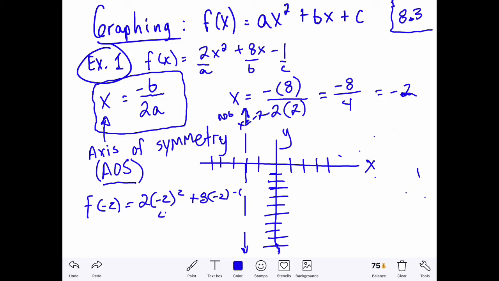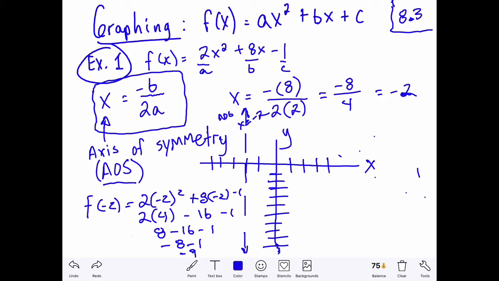Negative 2 squared is positive 4. That would be 8 minus 16 minus 1. Addition and subtraction is commutative, so we can do it in any order. 8 minus 16 is negative 8, minus 1, negative 9.